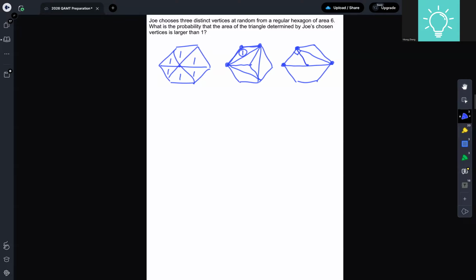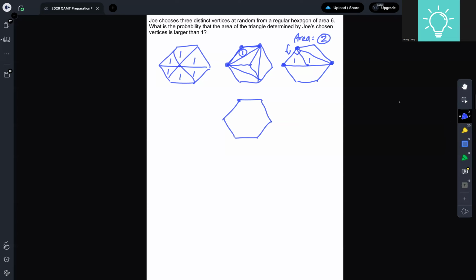And I can draw a line there. The area of this is the same, it's the same shape as this one here. So the area of this is 1 and 1. So the area of the whole thing is 2. Now, we've taken care of all the cases if we choose 2 consecutive vertices.